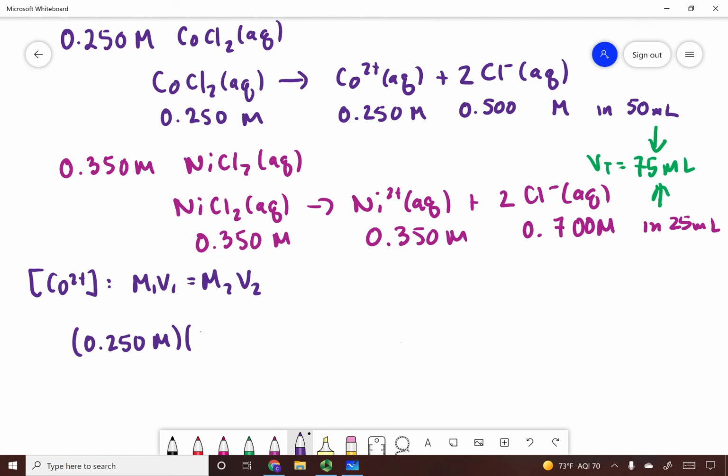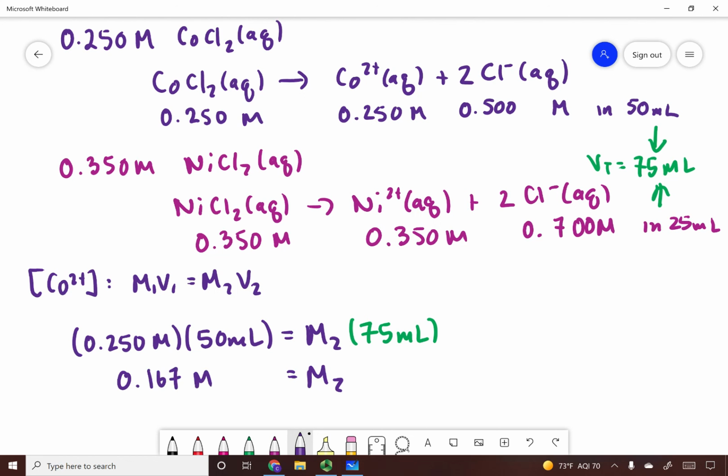The volume of the solution is 50 mL. I want to find the final concentration of my cobalt ions in my final solution, which has a volume of 75 mL. I can go ahead and solve for M2, and when I solve for M2, I get 0.167 molar, and this is going to be the concentration of my cobalt 2 ions. I'm going to do the same for my nickel.